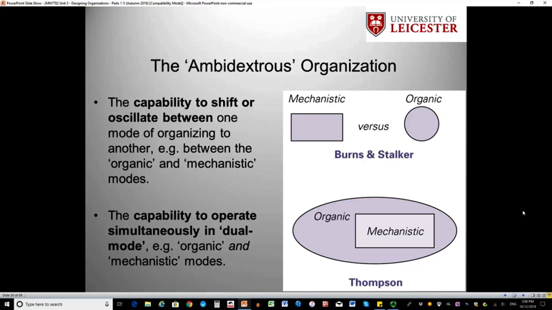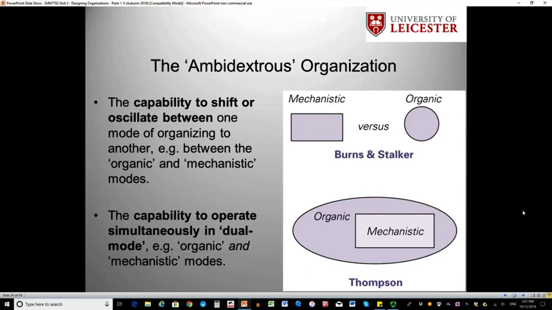So when I was at Hewlett-Packard, for example, I worked in the lab, as I mentioned a few minutes ago, and the R&D lab has actually had a very organic mode of organising. However, there were other parts of the organisation in Hewlett-Packard, in particular those related to manufacturing, and I guess also to the accounting department, that were much more mechanistic than we were.